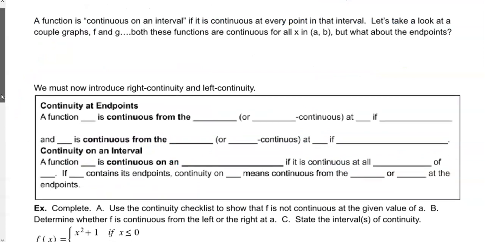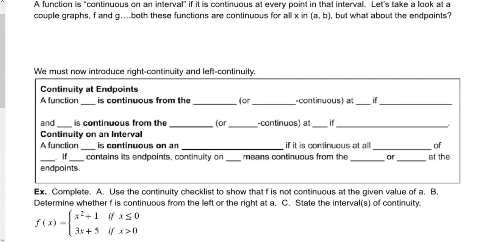A function is said to be continuous on an interval if it's continuous at every point in that interval. So that means that I'm not including the endpoints. Now, what if we want to include some of those endpoints? Then we have to evolve into what we refer to as left and right continuity. So I'm going to have some a and some b, and I have some function that is defined at a, it's decreasing, it's open here at b.